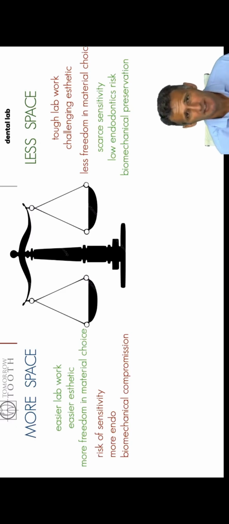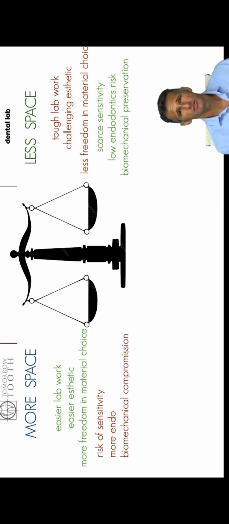The risk of sensitivity is greatly reduced because when you keep the whole dentinal core and you also keep some enamel, the risk of sensitivity is almost zero. Many times you can do a lot of steps like removing the provisional, trying the frame in without anesthesia, even on vital teeth of course.